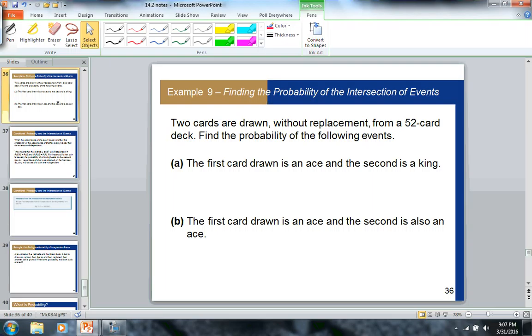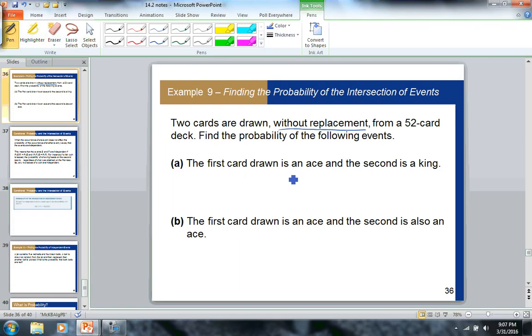Here let's take a look at an example where we're dealing with cards instead of M&Ms. We have two cards that are being drawn without replacement. There's that key phrase, so that tells you that the events are going to be dependent. Two cards are drawn without replacement from a 52 card deck. Find the probability of the following.